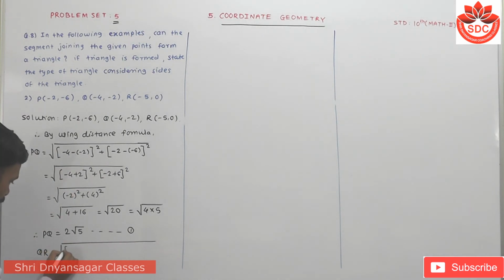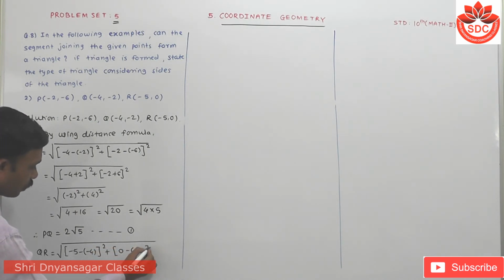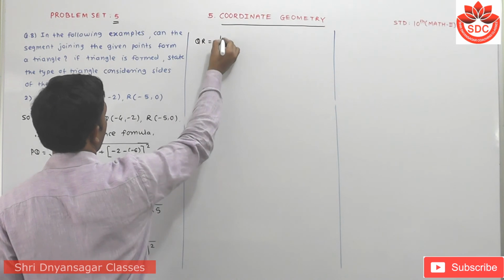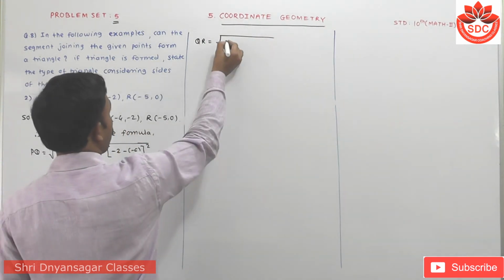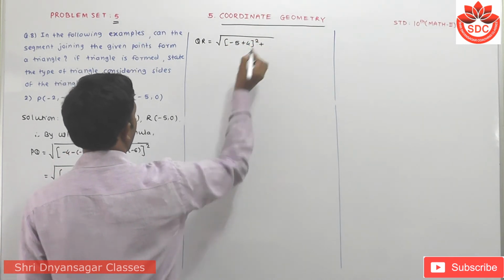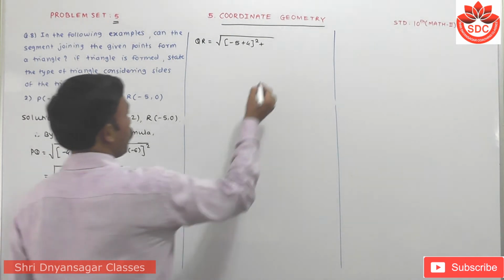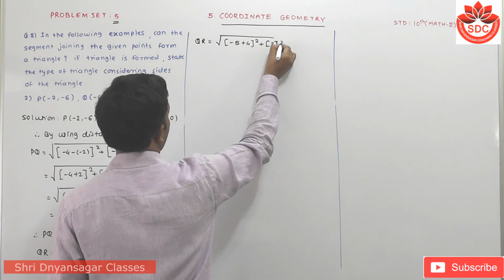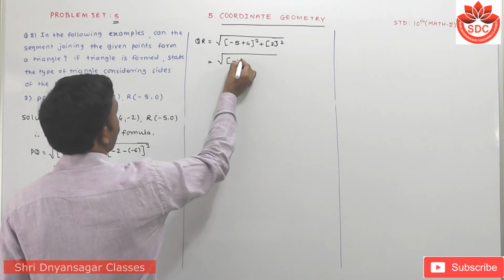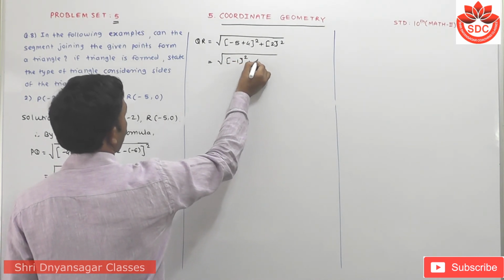Here again take x1, y1, x2, y2, meaning (-5 minus -4) squared plus (y2 is 0 minus 2) squared. Here QR is equal to (-5 plus 4) squared plus (0 minus 2) squared, which is equal to (-1) squared plus 2 squared, which is 4.